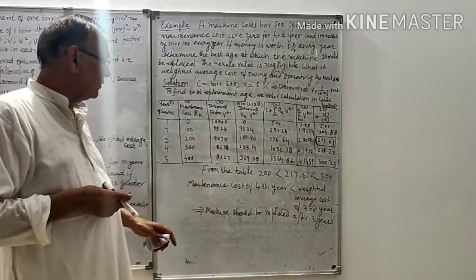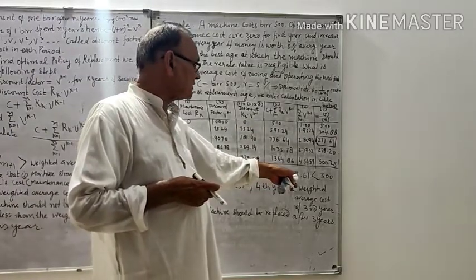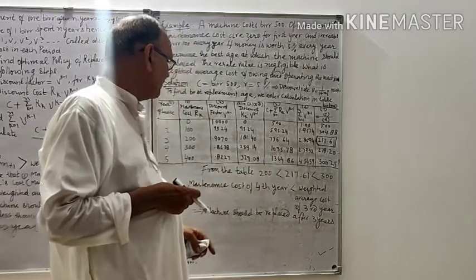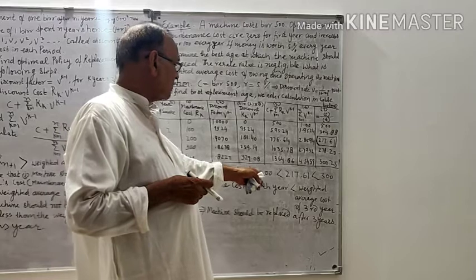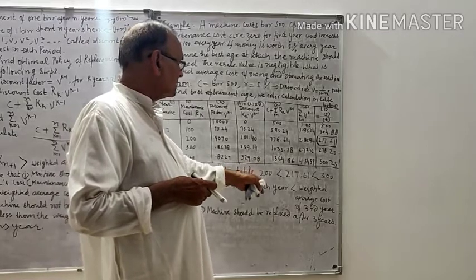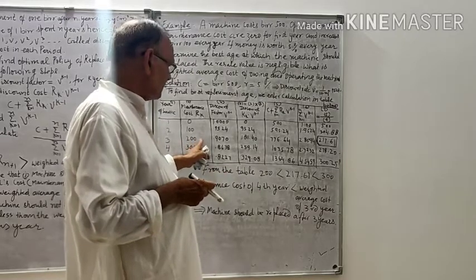So from the table, 217.61 is less than 300, and of course greater than 200, which is the maintenance cost of the third year.